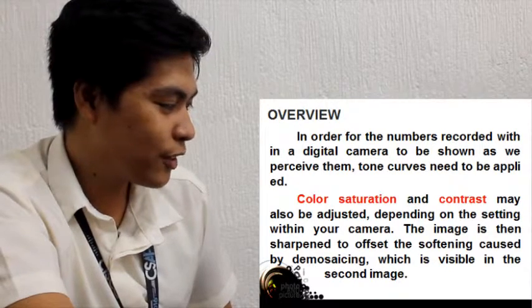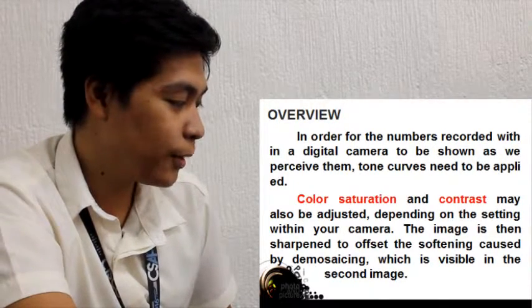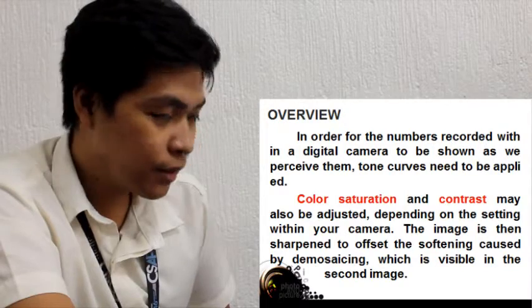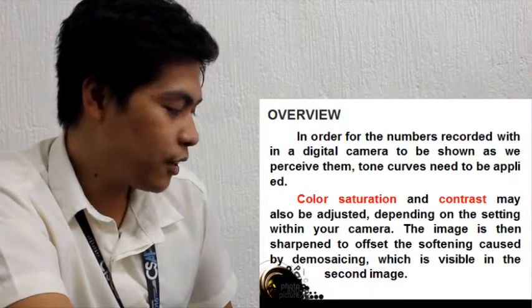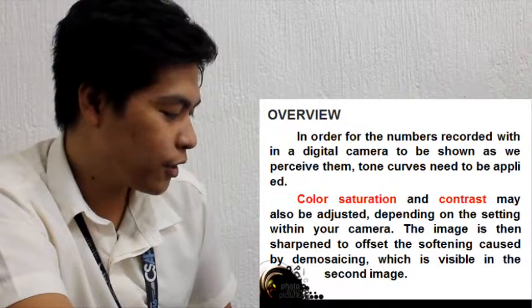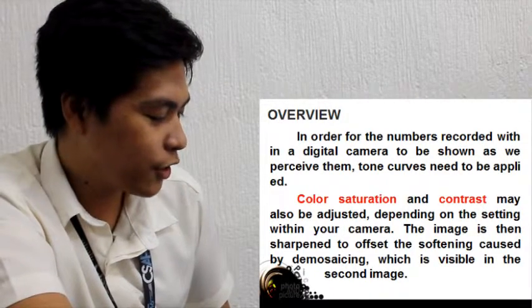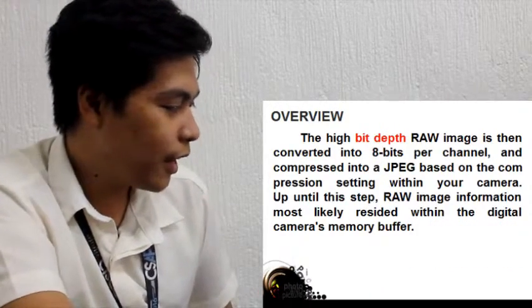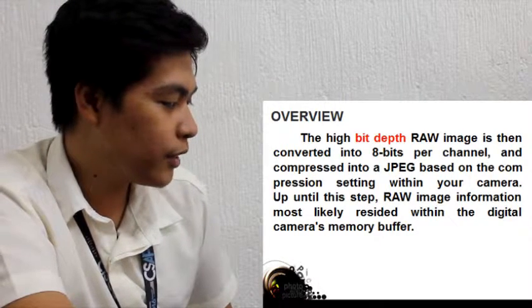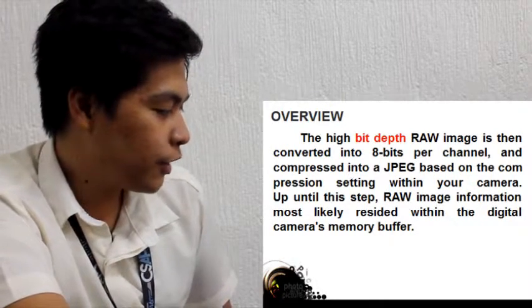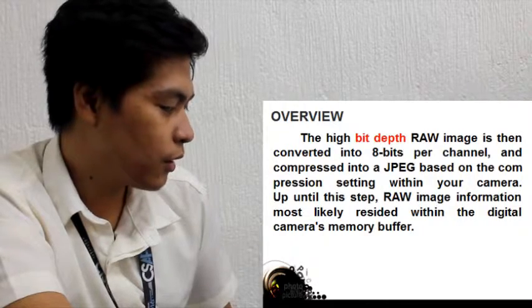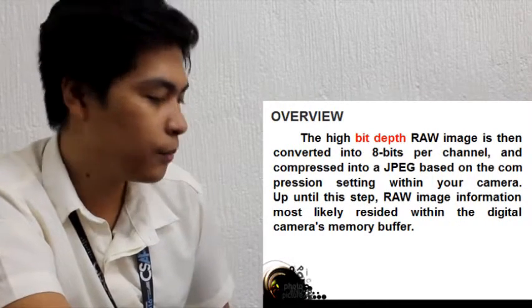Color saturation and contrast may also be adjusted depending on the setting within your camera. The image is then sharpened to offset the softening caused by demosaicing, which is visible in the second image. The high bit depth raw image is then converted into 8 bits per channel and compressed into a JPEG based on the compression setting within your camera.